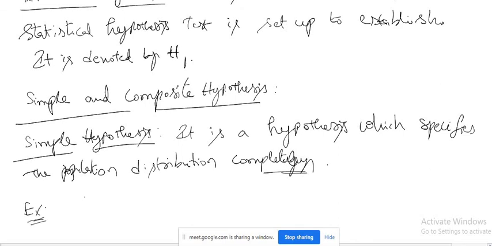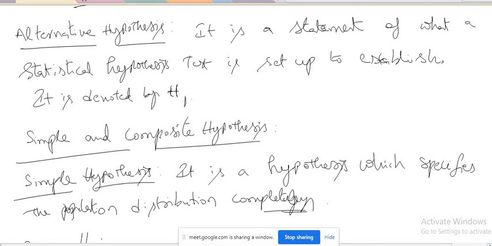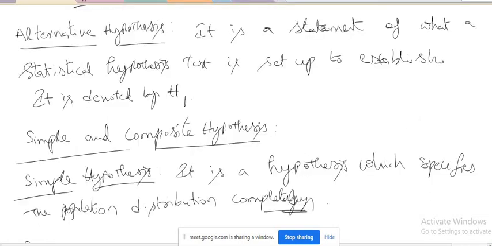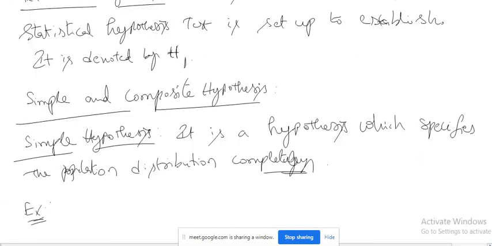For example, not only null hypothesis, it's just a hypothesis. X follows binomial(100, p), where p is 1 by 2.